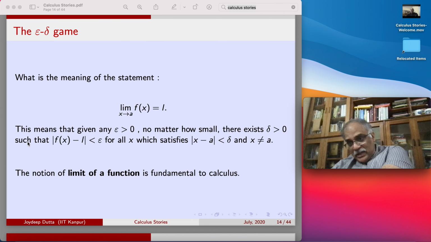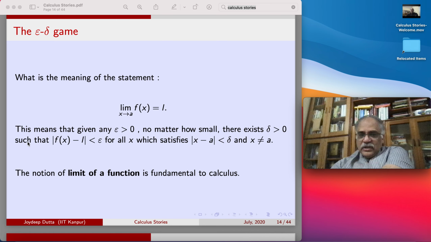That epsilon is the distance between f(x) and L first. When f(x) is near L, then the corresponding x's are also near A. They cannot be arbitrarily placed anywhere. That is the idea, and that is translated into this language.